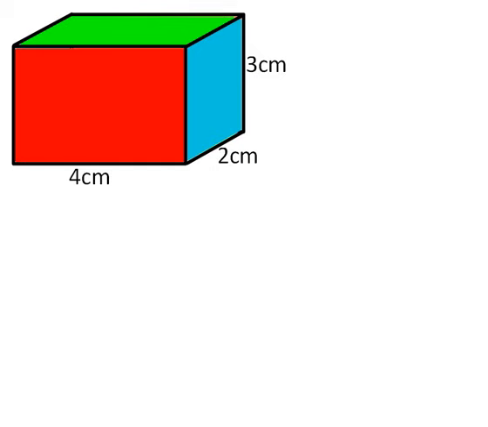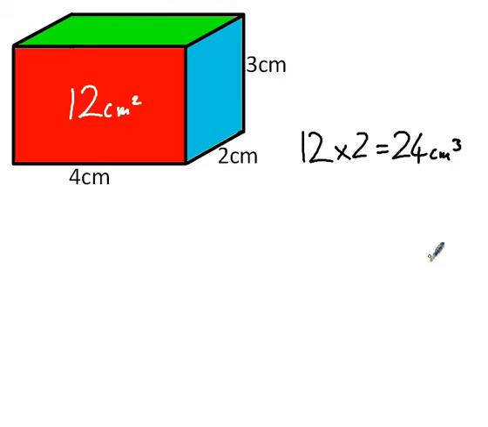Let's take an example. The area of the face at the front measures 4 by 3, so the area is 12 square centimeters, and then we multiply it by the depth of the shape. So 12 times 2 gives you 24. Now, a word of caution about the units: it's 24 cubic centimeters, so we write a 3, not a 2.